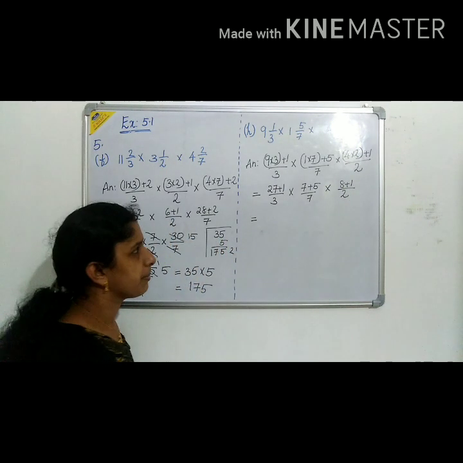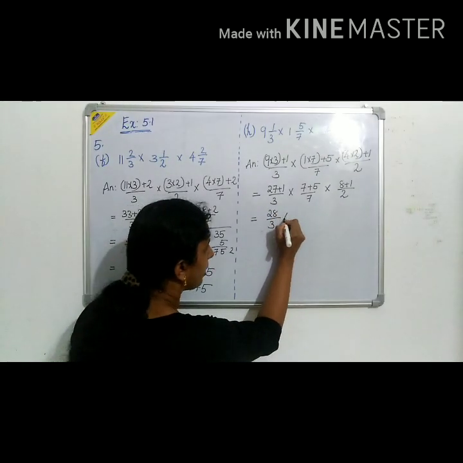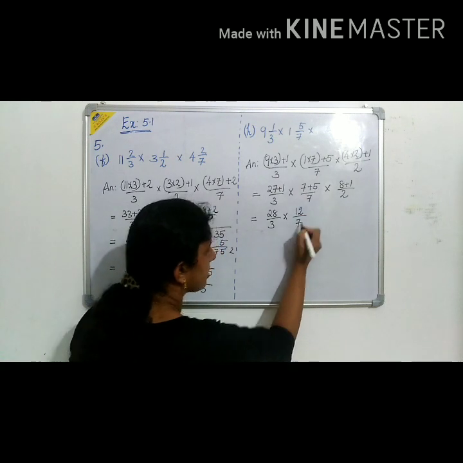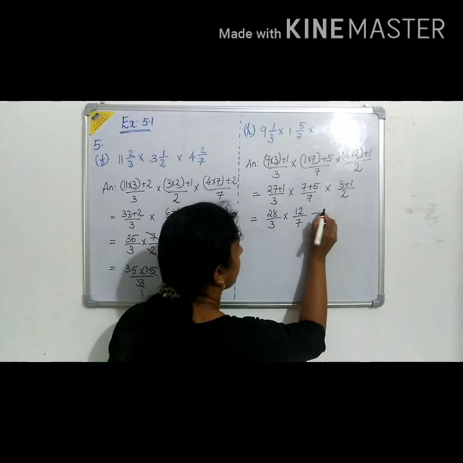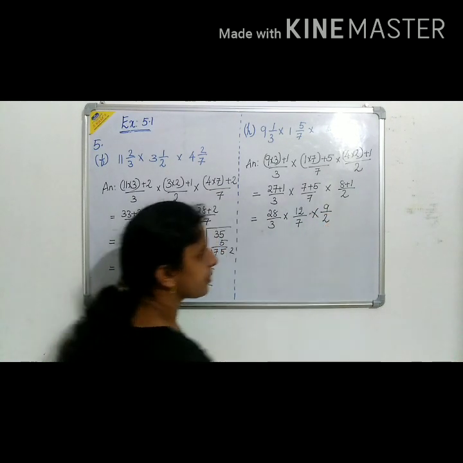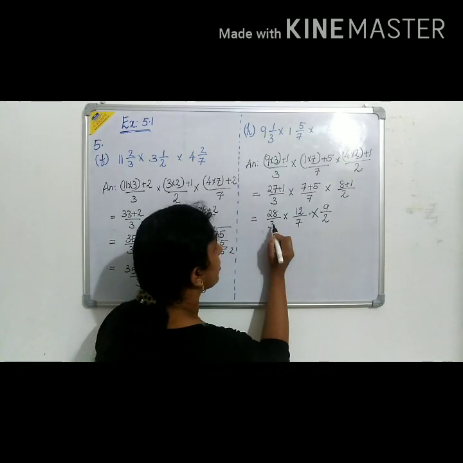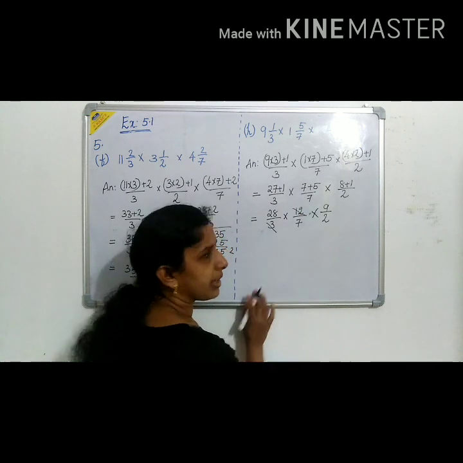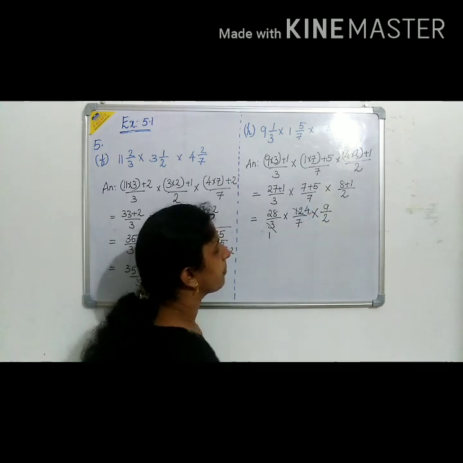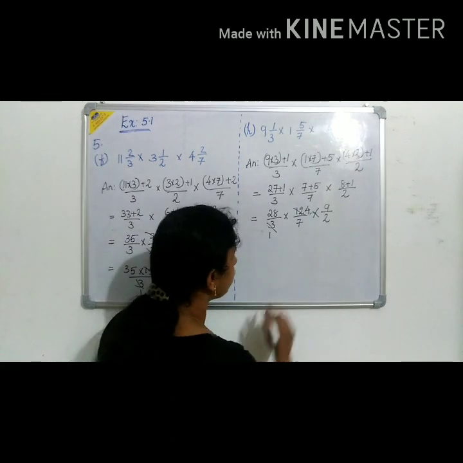Now we can add the numbers. 27 plus 1, 28 by 3, into 7 plus 5, 12 by 7, into 8 plus 1, 9 by 2. Now we can cancel all the common factors. So 3 and 12 we can cancel. 3 by 3 becomes 1, 12 by 3 becomes 4. Now 7 and 28 you can cancel.